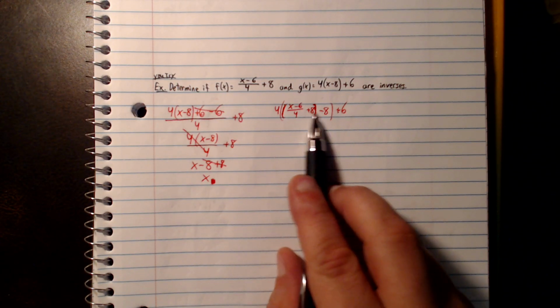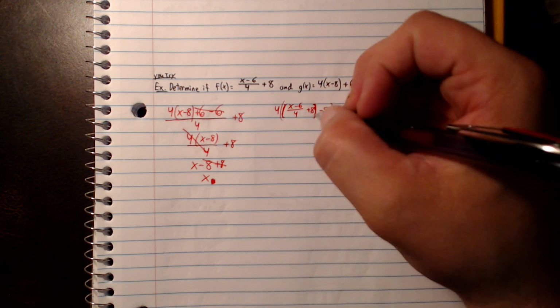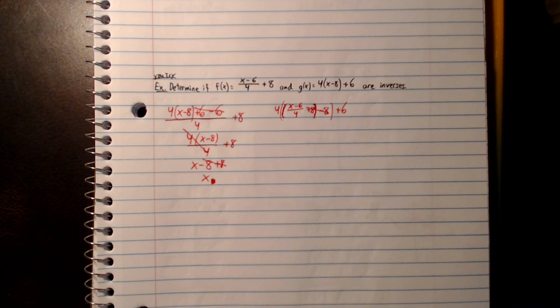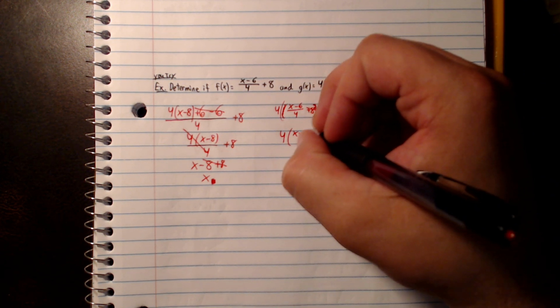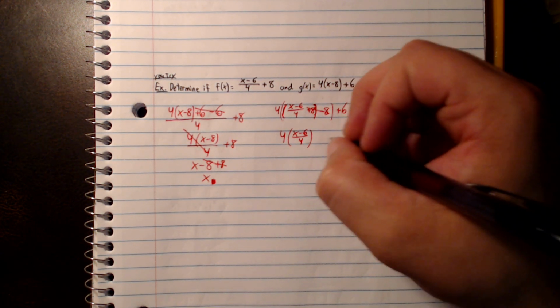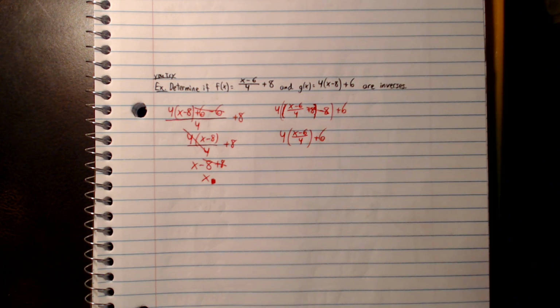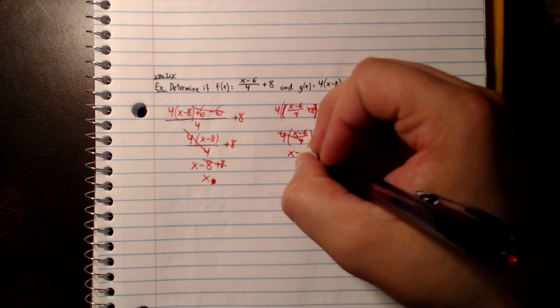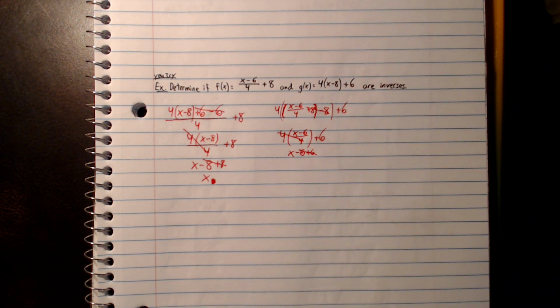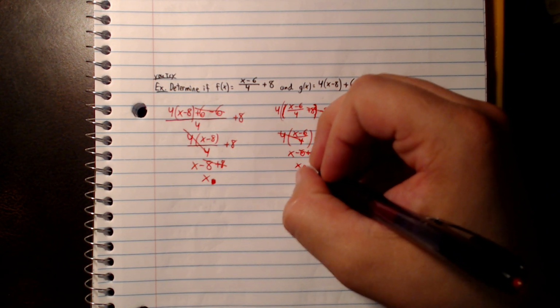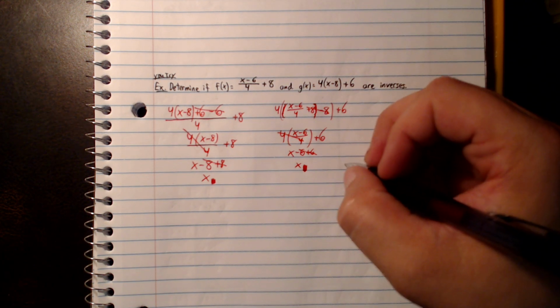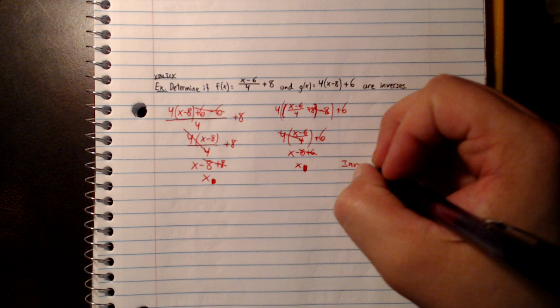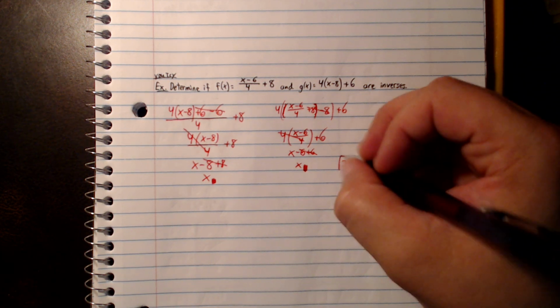And without those, I can see that the plus 8 and minus 8 will actually eliminate, which leaves us with 4 times x minus 6 over 4 plus 6. Hey, look at that. The 4's and divided by 4, the negative 6 and the plus 6, and just like that, we're down to plain old x again. Because we got x in both situations, these are inverses.